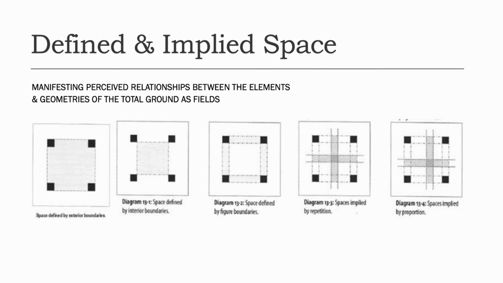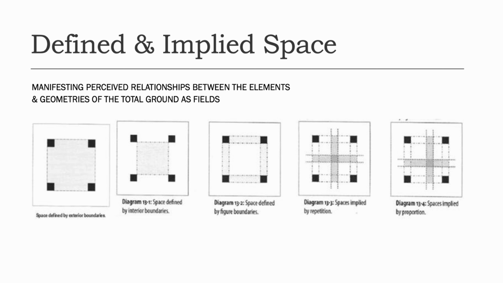So let's talk also about defined and implied space. Here we are looking at manifesting perceived relationships between the elements and geometries of the total ground as fields. On the far left, a space is being defined by, we have the ground, which is all of this white box area, the space that we're defining, which is in gray.